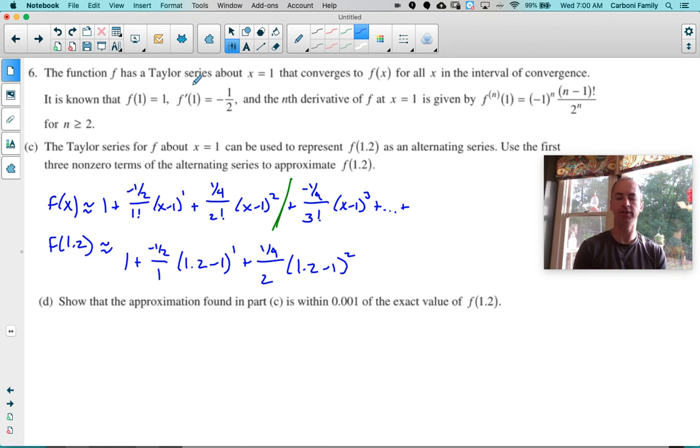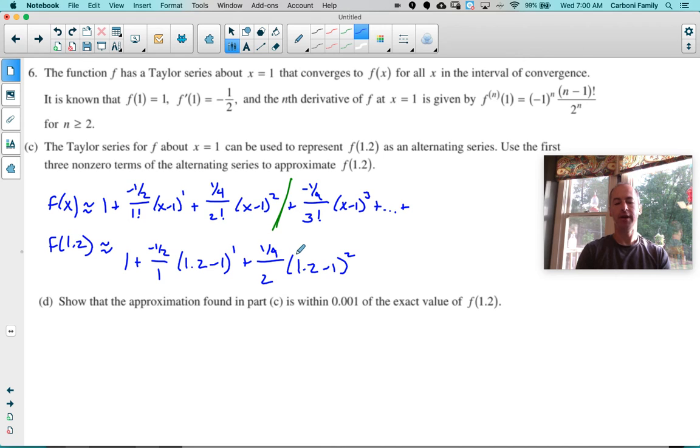It gives you the smallest window of error. And so because the series alternates, the maximum error is your very first omitted term. So all I'm going to do mathematically, the actual arithmetic, is plug 1.2 in for x here, and clean up that fraction, and hopefully we will get something less than 1 over 1,000. And so let's do that.